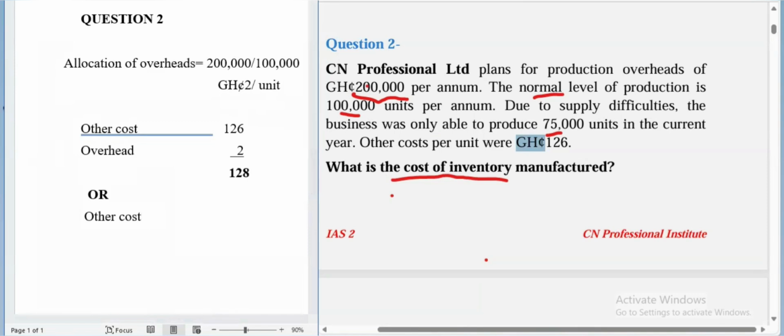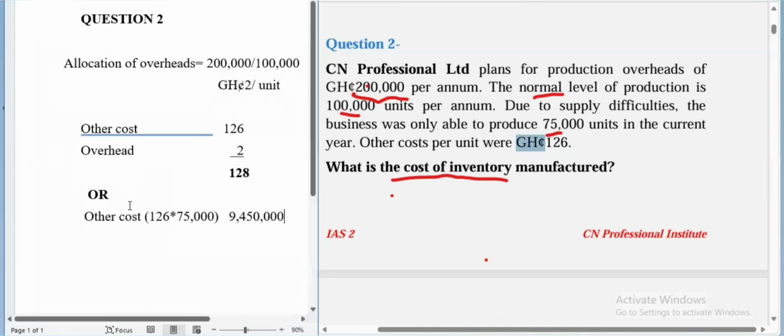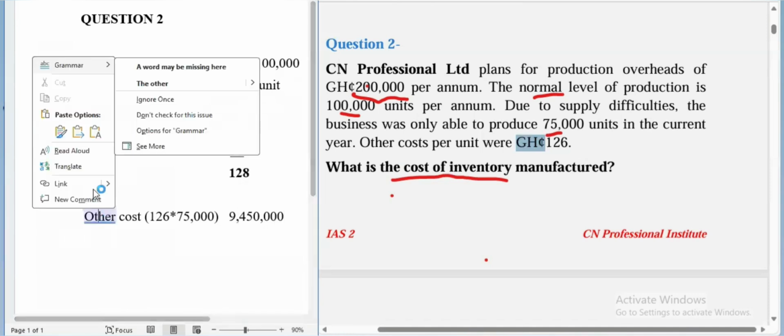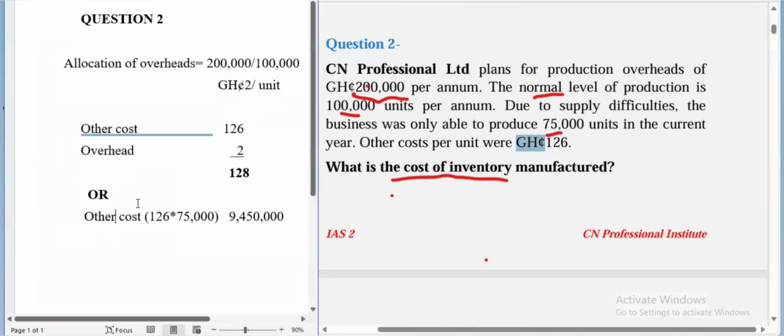So we multiply the 126 by the units produced, which is 75 thousand, and that will give us 9,450,000.